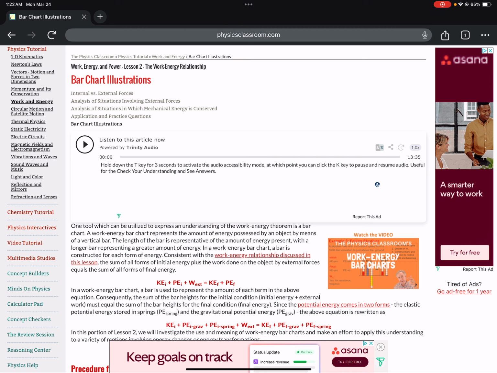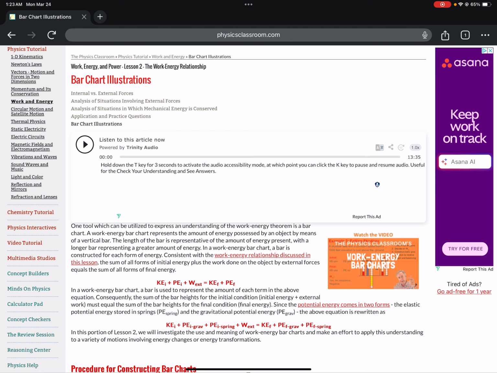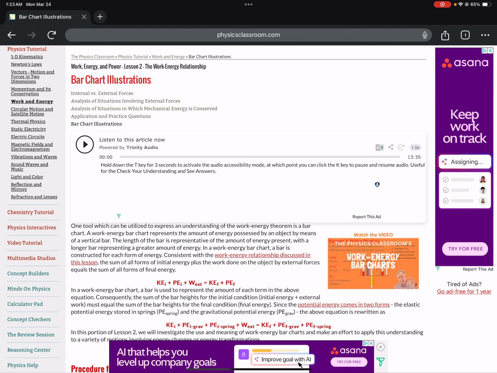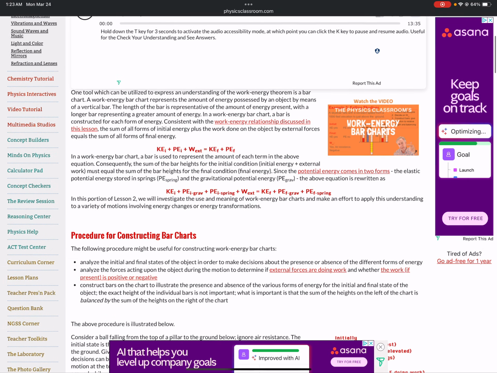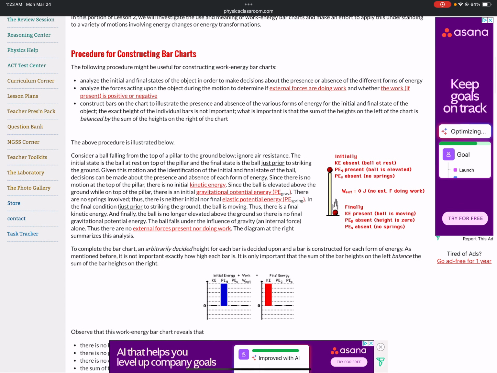So, for example, if you have a ball that's falling, obviously at the very beginning, all of its energy is in potential energy, and it has no kinetic energy. But as it begins to fall, that potential energy turns into kinetic energy. And when it's halfway down, it's going to be a 50-50 split. And then right before it hits the ground, it's not going to have any gravitational potential energy, and it should be all kinetic energy. So let's just look at some examples so we can see what I'm talking about.